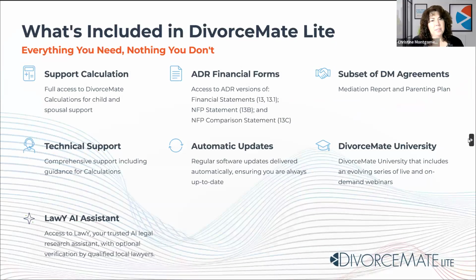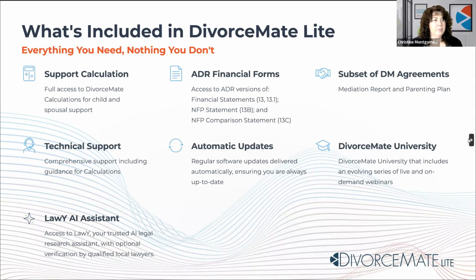So what's included in DivorceMate Lite? Well, you have the full calculation. So for those of you who are used to doing your calculations, you have full access to that. That would not change. You then have access to, rather than all of the court forms and all of the court financials, a set of ADR financials. So these are ADR versions without all the court references.